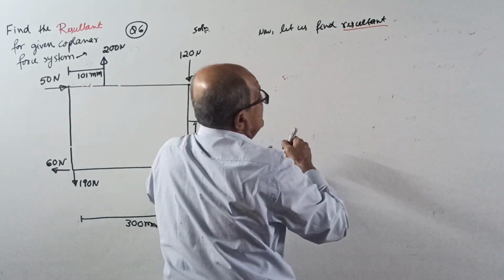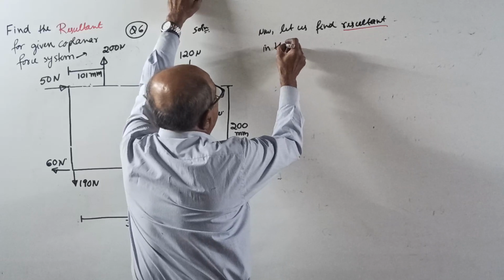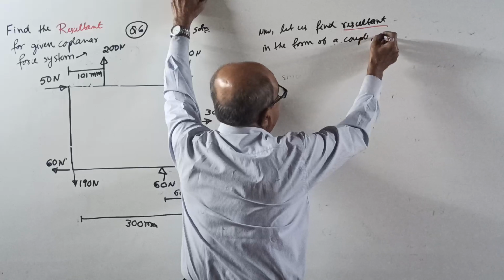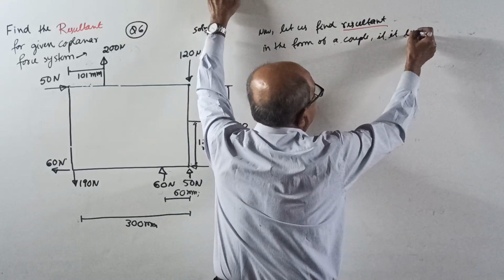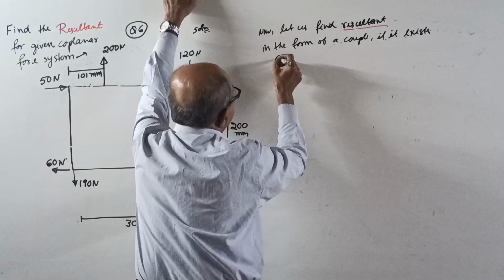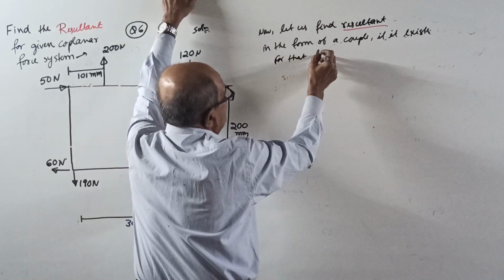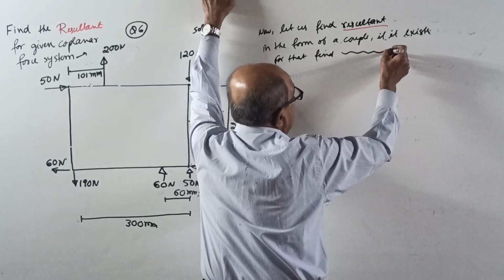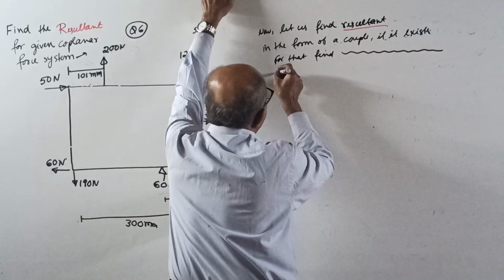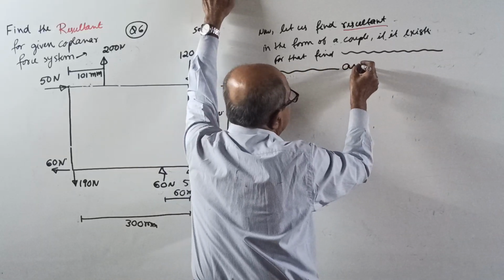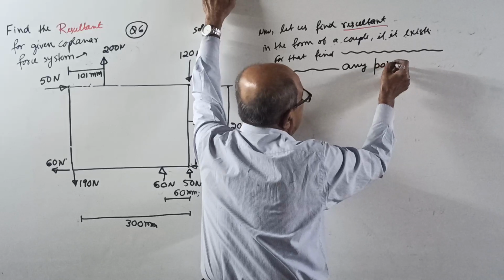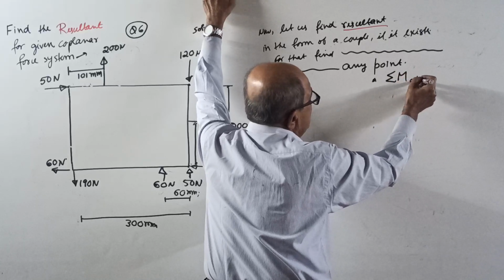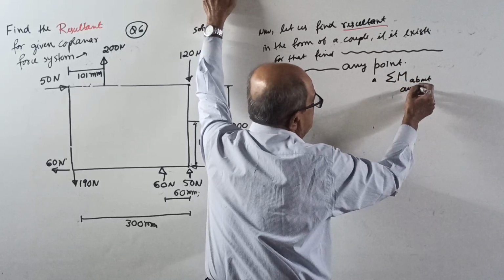Let us find the resultant in the form of a couple, if it exists. How? For that, find the algebraic sum of moments of the given force system about any point. That is sigma M about any point. Don't be too lazy. Any point.